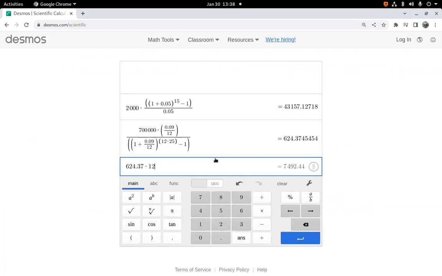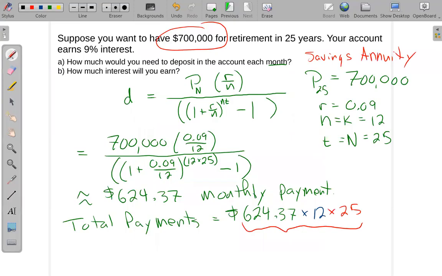And I'm doing that 12 times a year for 25 years. So I'm paying into the account a total of $187,311 for this account. So 187,311. So that's what I'm paying into this account, and that seemed to come out even, remarkably.